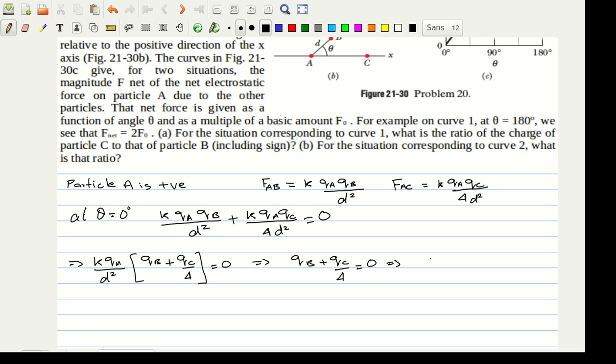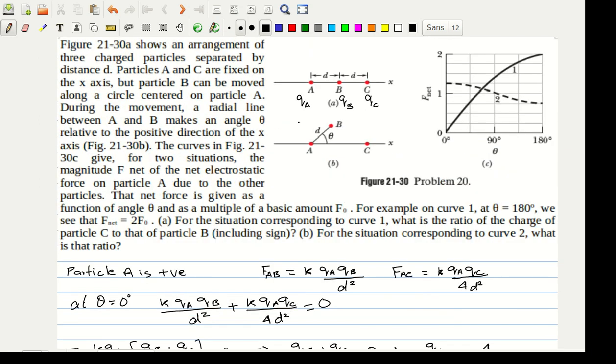and therefore qc divided by qb should be equal to minus 4, right, and it seems reasonable. Why minus 4? We know that C and A have to be of opposite sign.